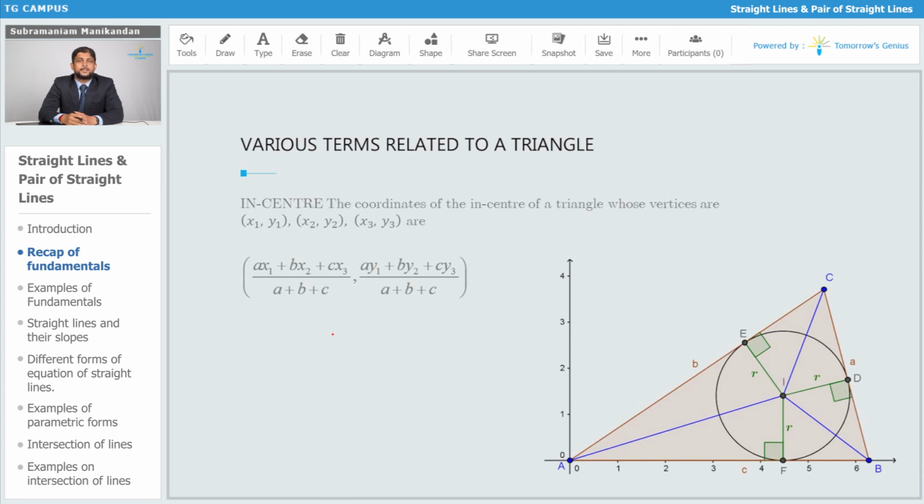The small a, small b, and small c represent the length of the sides which are opposite to the vertices A, B, and C respectively of the triangle ABC. And thus, knowing the coordinates of the vertices, it is possible to find out the length of sides as well. And thus, the incenter of a triangle is given by this neat and symmetric formula.